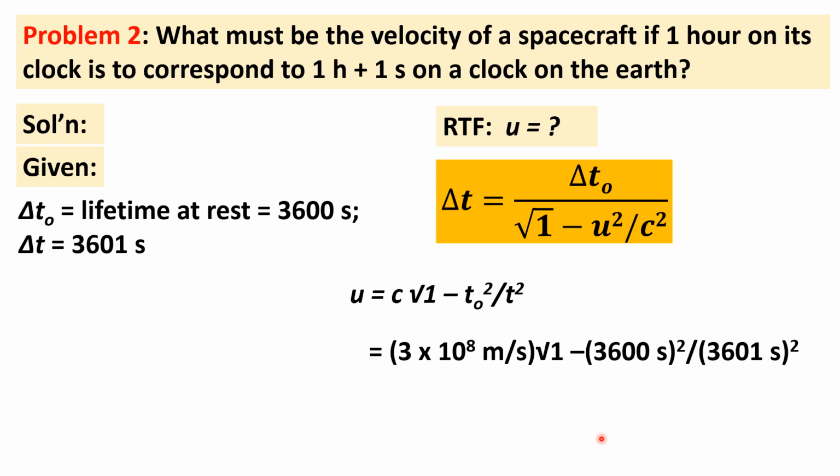And we will get the value for u, or the speed or velocity of the spacecraft, equals 7.1 times 10 to the 6 meters per second. And as expected, the value of u is a lot lower than the speed of light.